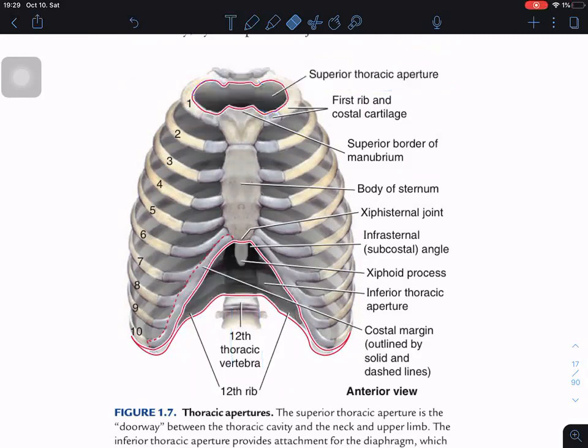So the inferior thoracic aperture is bordered by the 12th thoracic vertebra, then the 11th and 12th ribs more posteriorly and laterally, and then anterolaterally you have the costal margin forming the border, and then at last, anteriorly, you have the joint between the body of the sternum and the xiphoid process. So the joint is called the xiphisternal joint. So this is the anterior border of the inferior thoracic aperture.